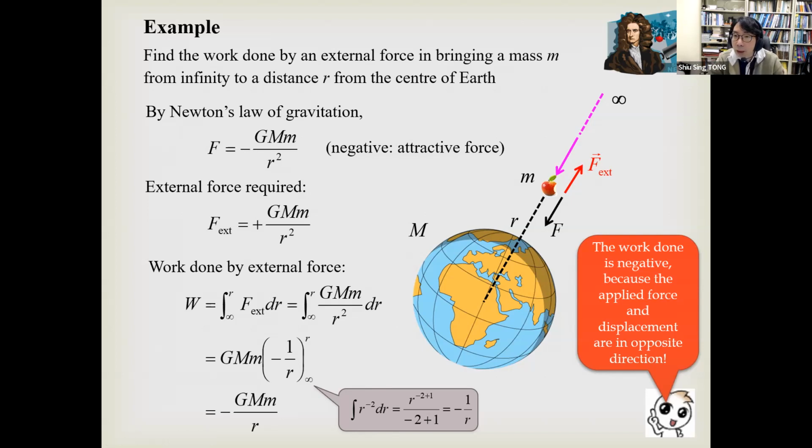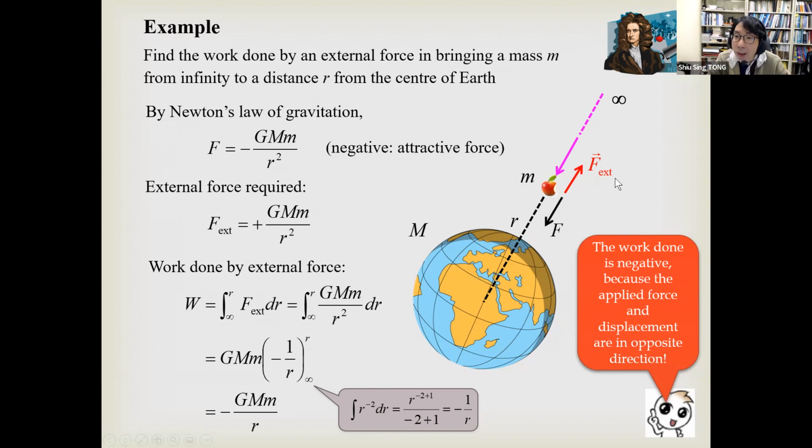Now suppose you have a Superman, and for some reason the Superman would like to transport the apple. Don't ask me why the Superman wants to transport the apple, but somehow he wants to do it. He wants to hold the apple such that the apple will not fall due to the gravity of the Earth.